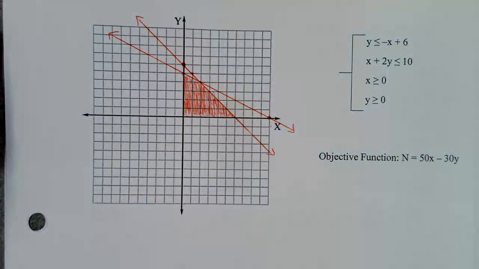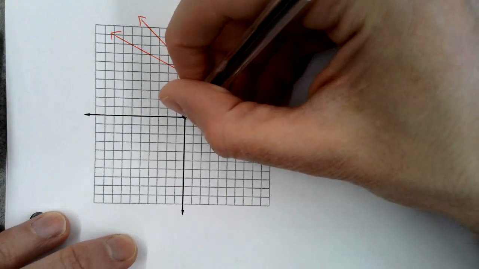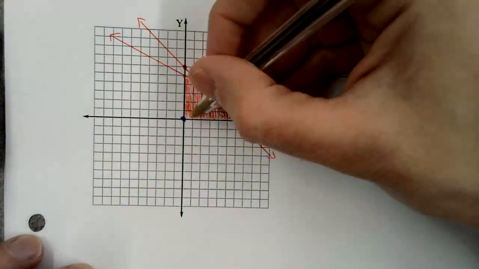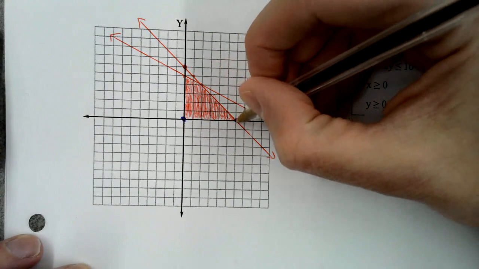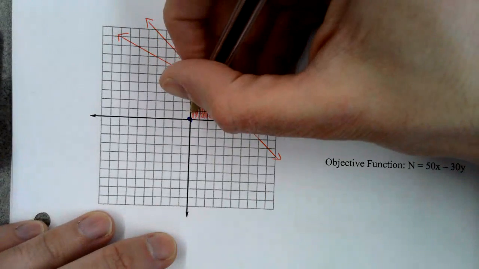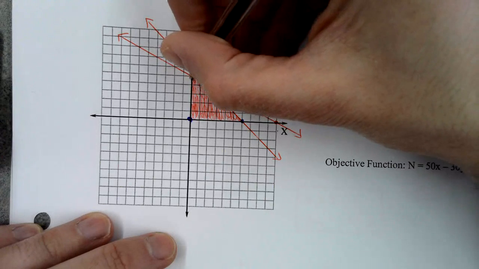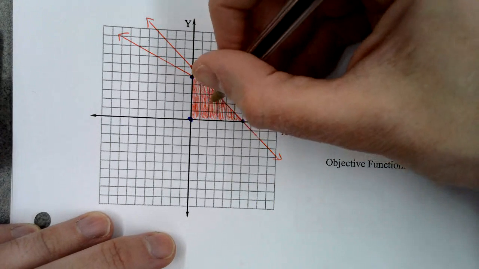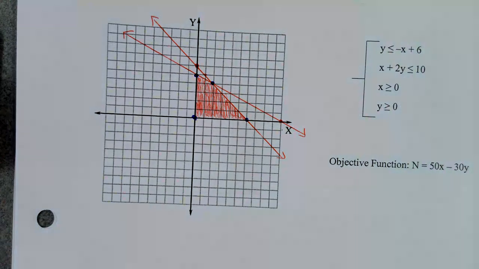So when we mark up the vertices of the feasible region, we're going to have this vertex right there, 0, 0. There's this vertex right there, 6, 0. Then we have this one, 1, 2, 3, 4, 0, 5. And then we have 2, 1, 2, 3, 2, 4. Those are our 4 vertices.